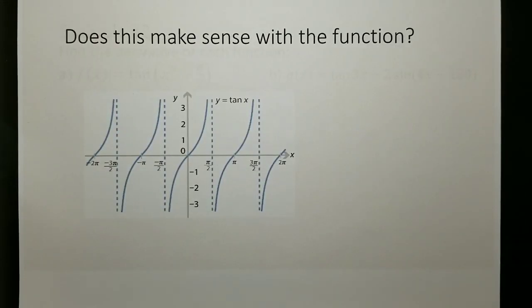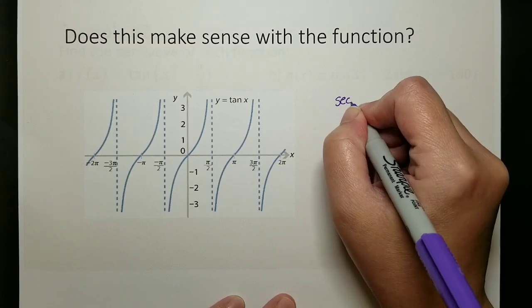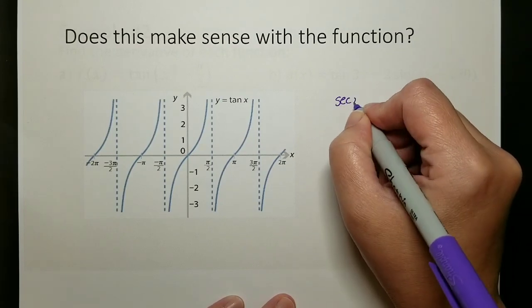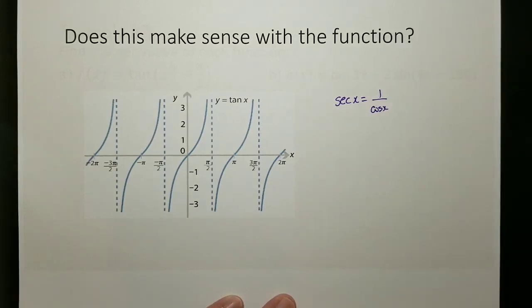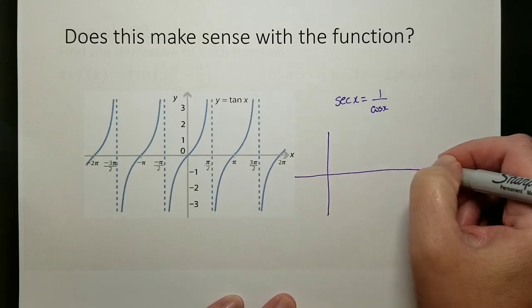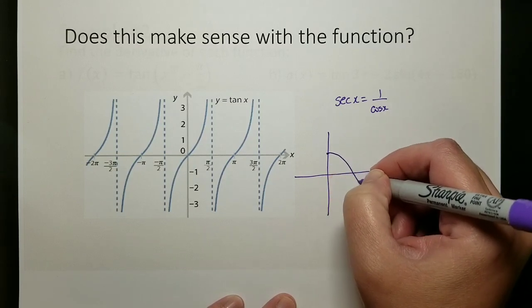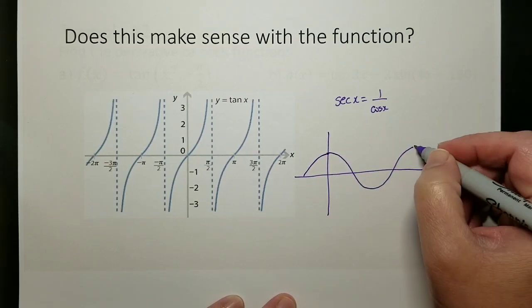So we can take a little bit of a look here and see, does this make sense? So this is tan x. Remember that secant x is 1 over cos. So if I thought, what does that cosine function look like? Kind of like that, right? Kind of keep going.